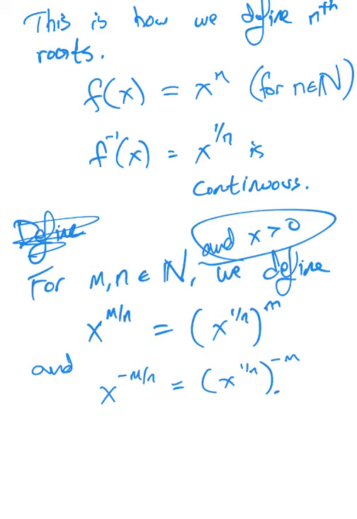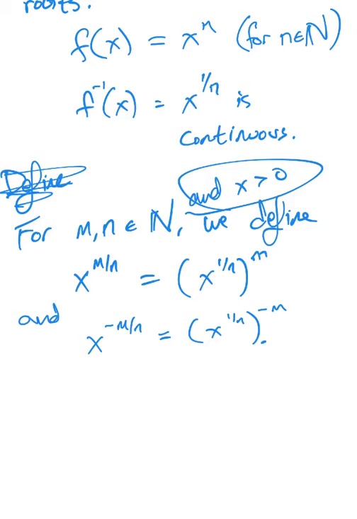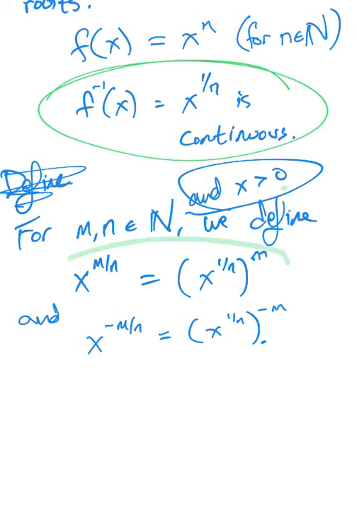So we get that the inverse of the power function is continuous from the theorem we just did. And then we define these fractional powers. Since those are expressed as compositions of continuous functions, those are also continuous functions.